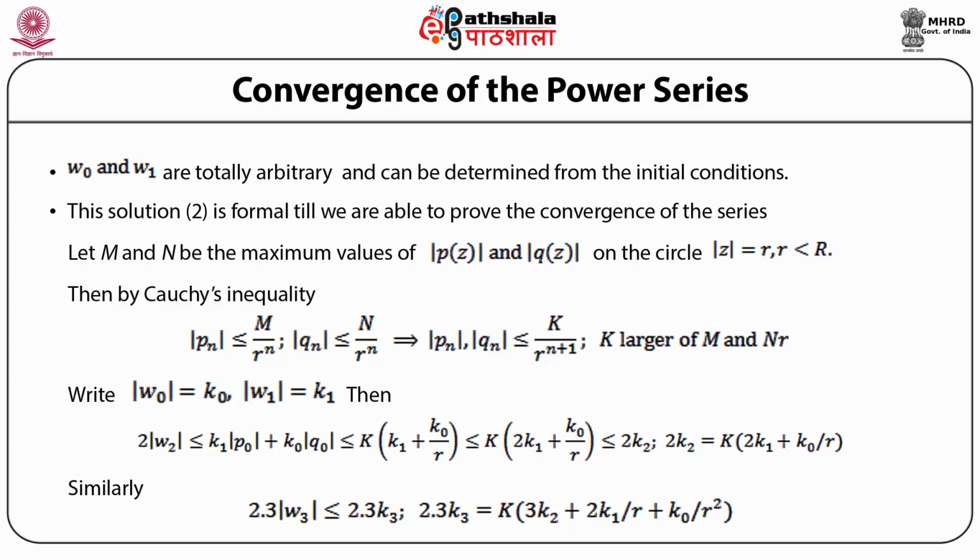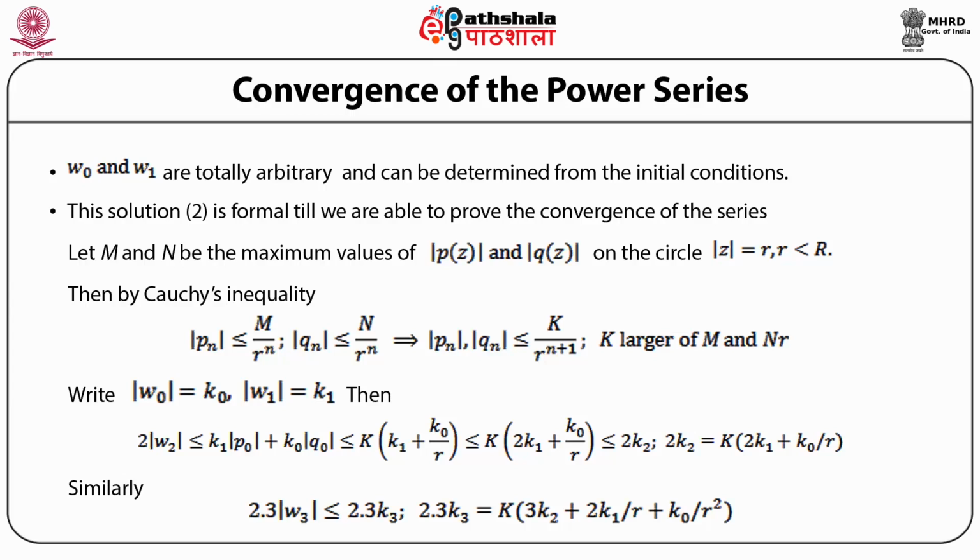Then, on using triangle inequality, we have twice of modulus of c2 is less than or equal to k1 times modulus of p0 plus k0 times modulus of q0. This is less than or equal to capital K times k1 plus k0 by r.